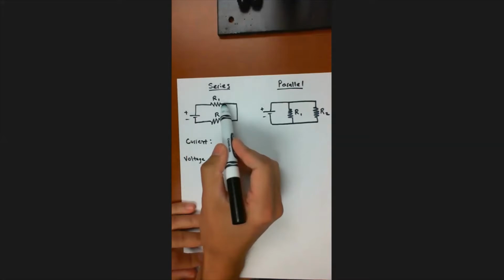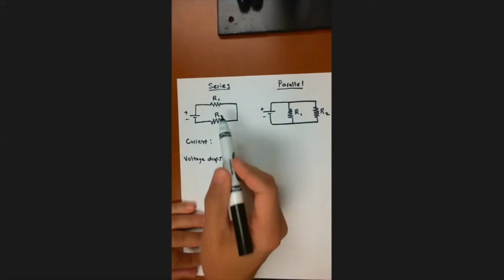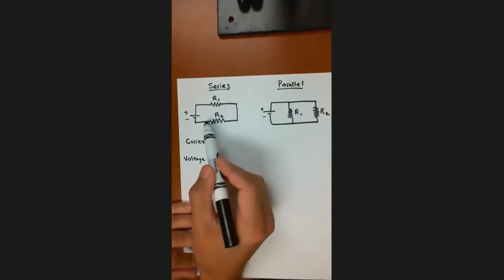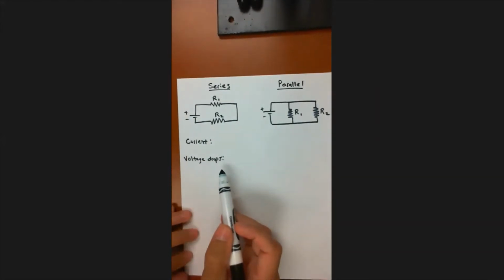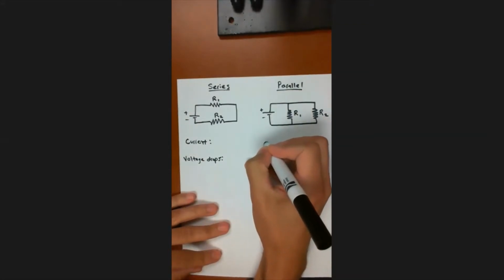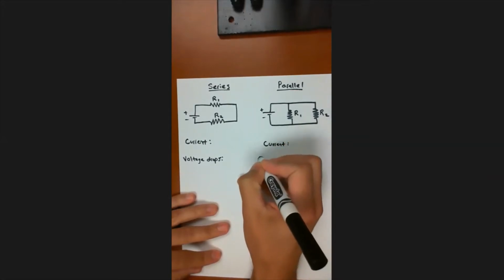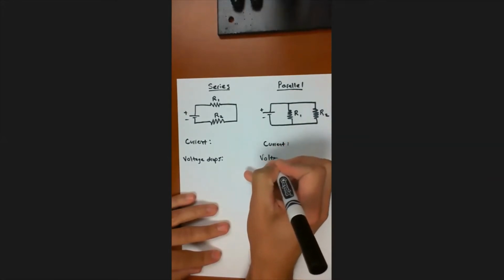So how much did the voltage drop from here to here? So the voltage drops of R1 as compared to R2. How do the voltage drops compare? V1 versus V2. Same thing over here. Current and voltage drops.